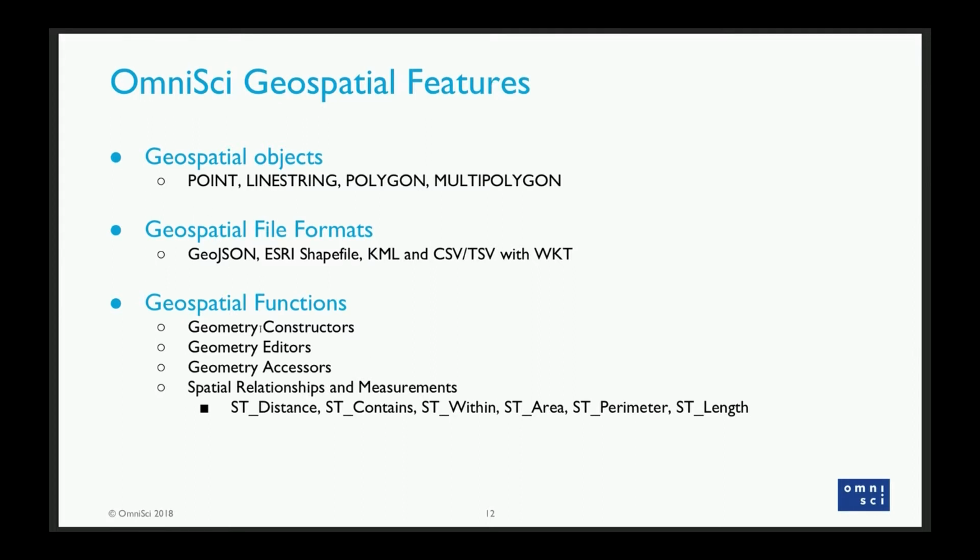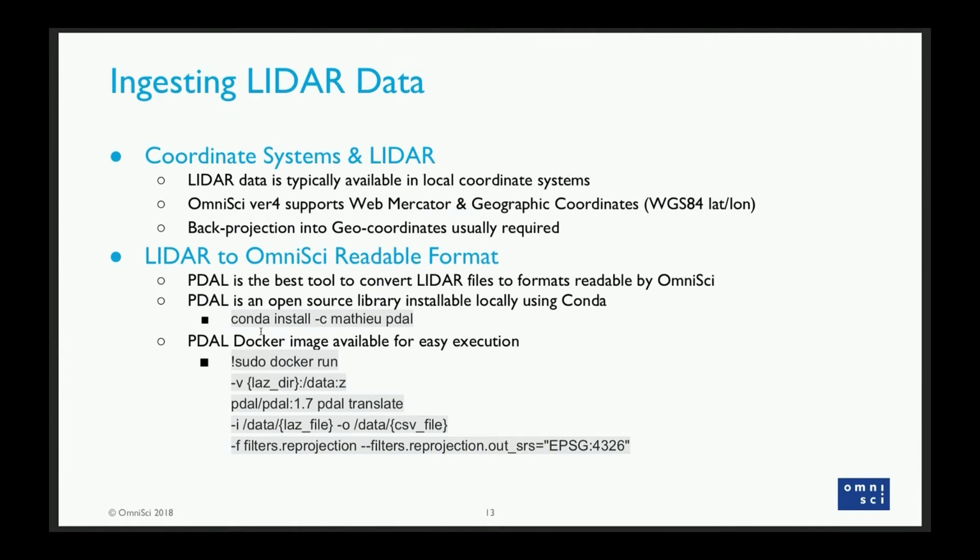You can also do all kinds of geometric or geospatial functions using SQL, so you could do your ST contains, ST distance, in the backend database. We support Web Mercator, but everything is stored as EPSG 4326 as longitude, latitude. So you need to convert it into 4326 when you bring the data into OmniSci.